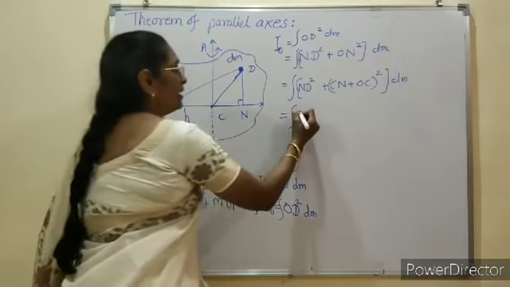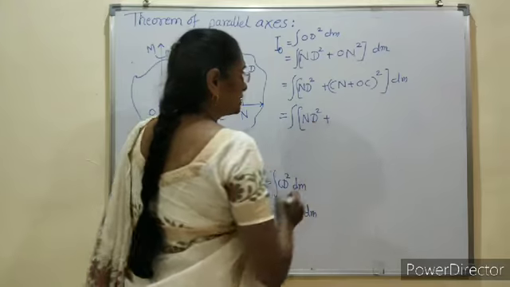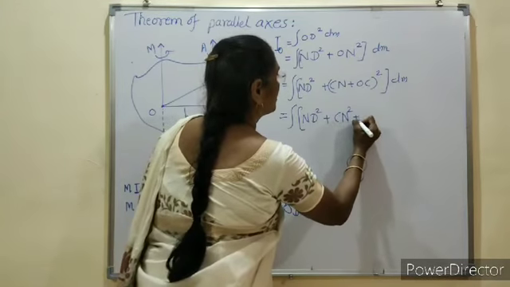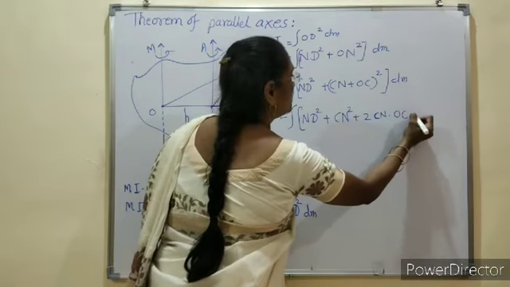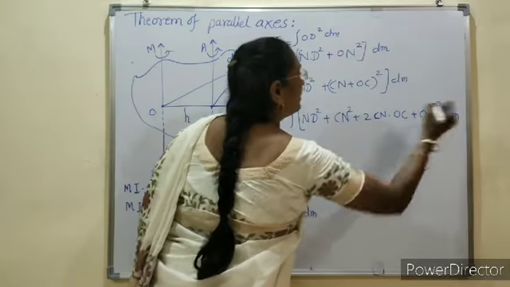ND square plus, expanding the bracket, CN square plus twice CN into OC plus OC square, multiplied by dm.